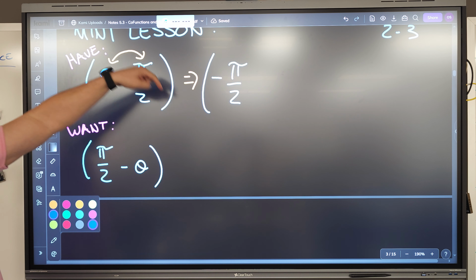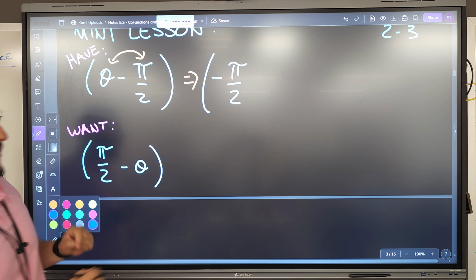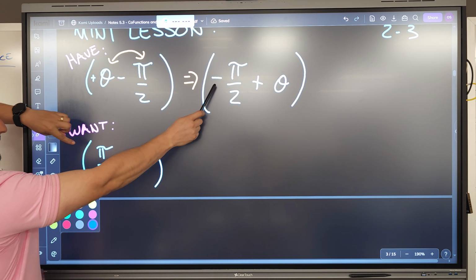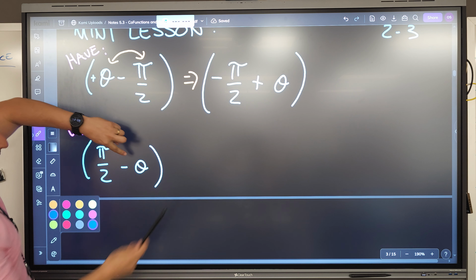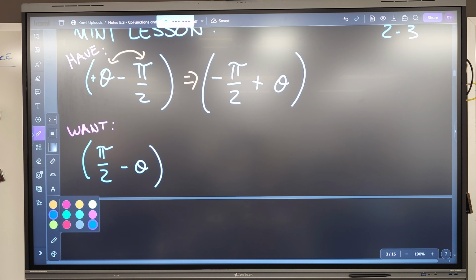And then the theta goes to the right side. Is the theta positive or negative? Positive, right? Because over here it's positive. So I first rearrange location. So now pi over 2, theta. The difference, though, is the signs: negative, positive, positive, negative. How do we fix that?